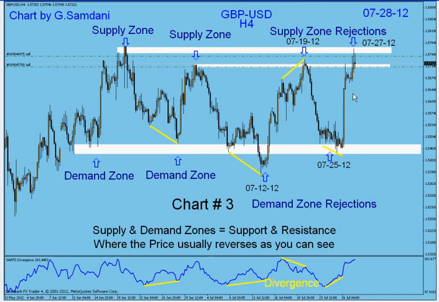Notice these yellow lines, these divergences, how nicely over here was a divergence, it turned up hundreds of pips. You can see this divergence right here, it went up, and at the top, at this resistance supply zone area, it came down, right?